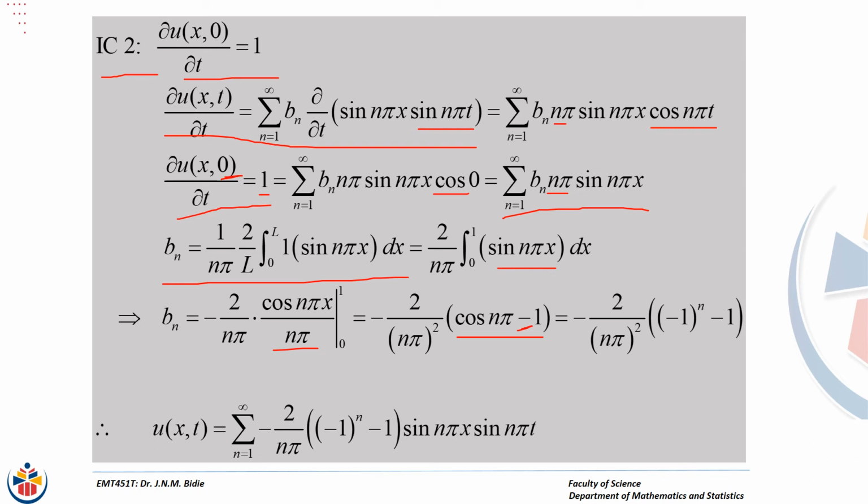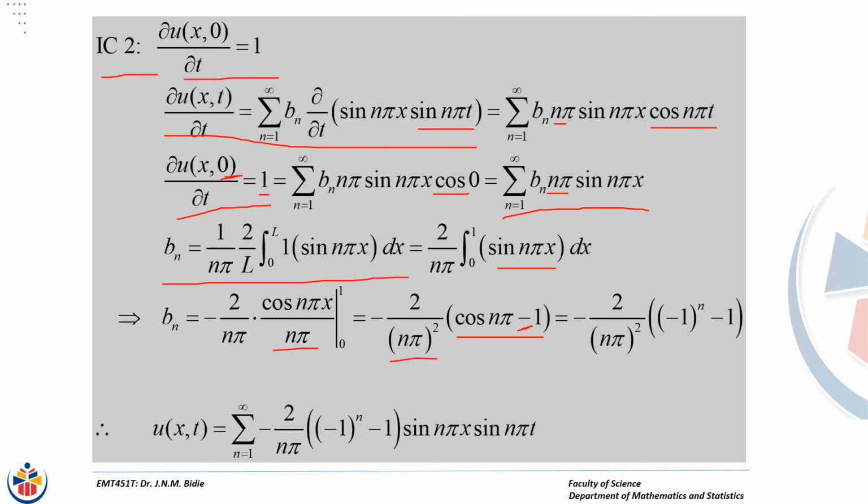I'm hoping you can confirm that when we have cos 0 here, this will become 1 over n pi. 1 times 2 gives us 2. 1 times n pi gives us n pi times n pi gives us n pi all squared. Hence, we have negative 2 over n pi all squared into cos n pi minus 1.